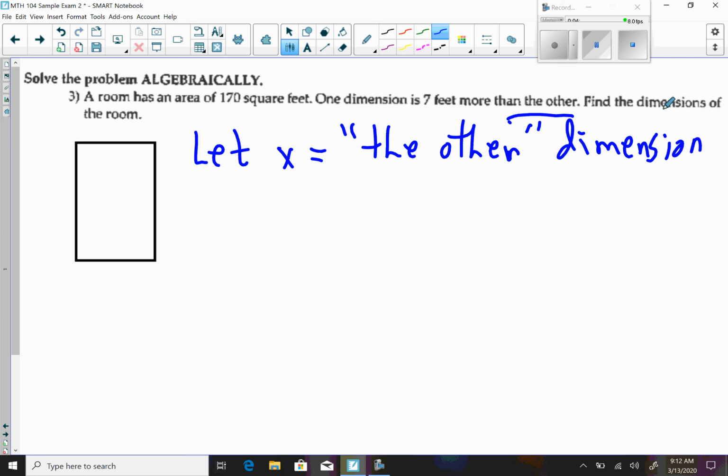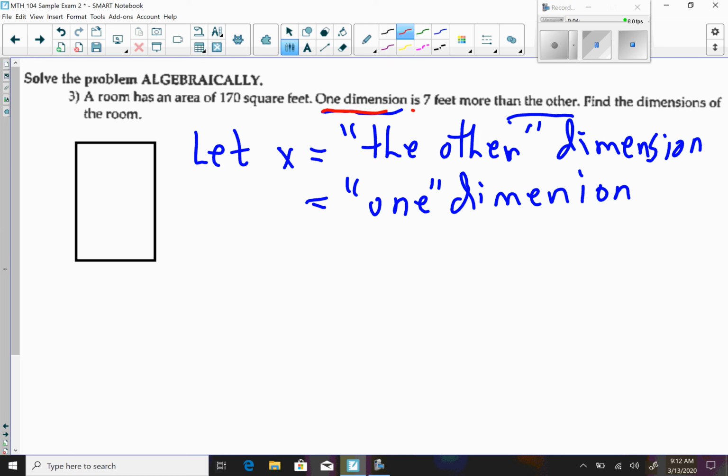At the beginning of this sentence is the phrase one dimension. One dimension of this room is 7 feet more than the other. That means it's the other, which is up there, 7 feet more. One side of this rectangle or room is x, and one side is x plus 7.